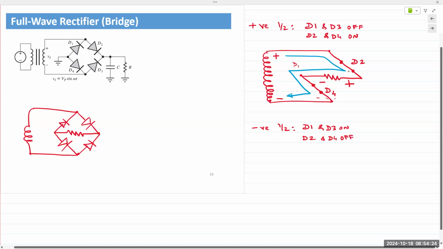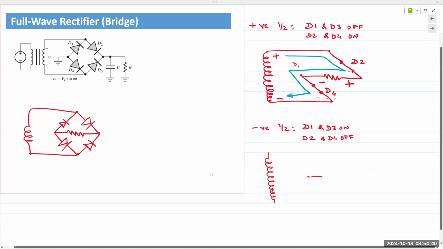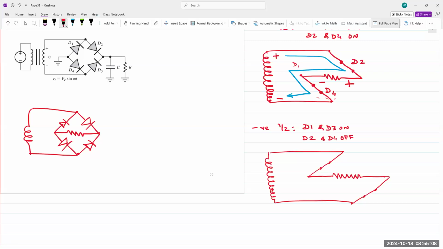And so, top, bottom, and now this is on D1 and D3. And the current now is going in this direction.